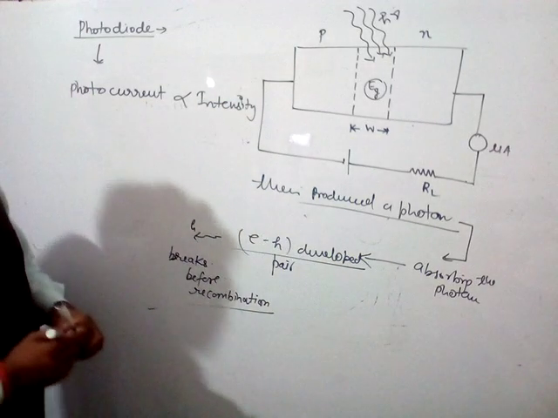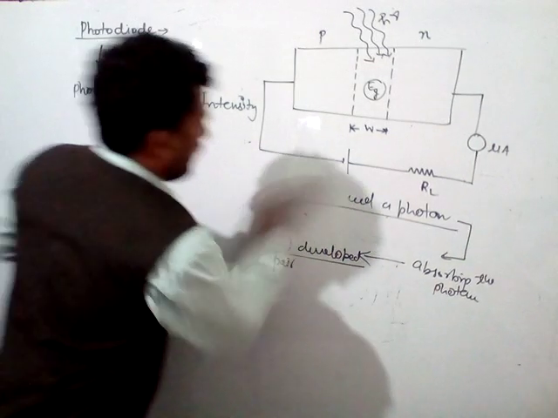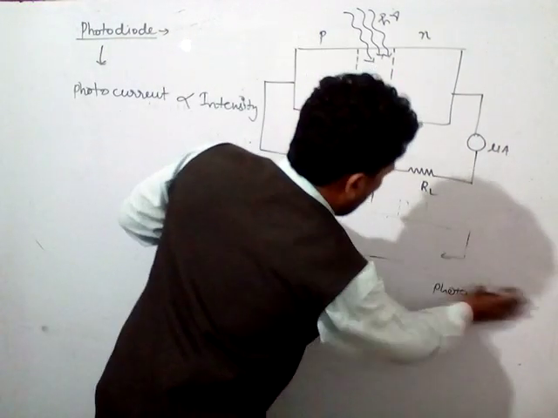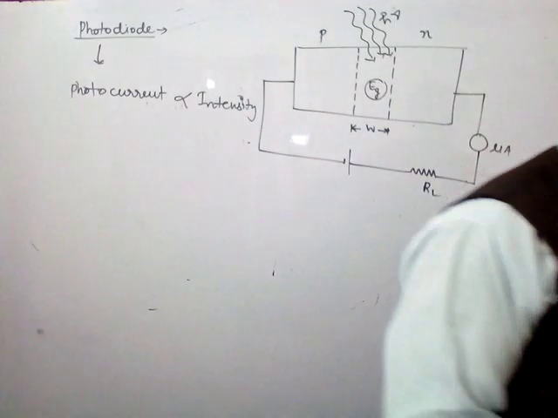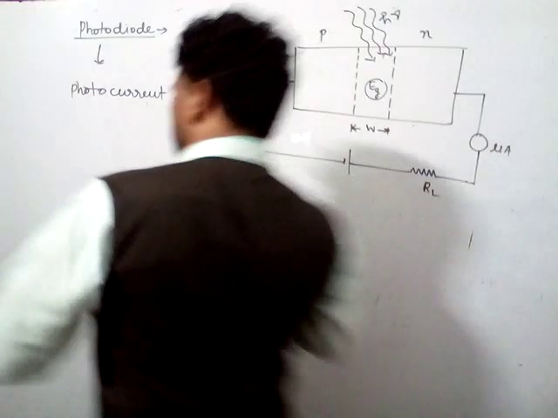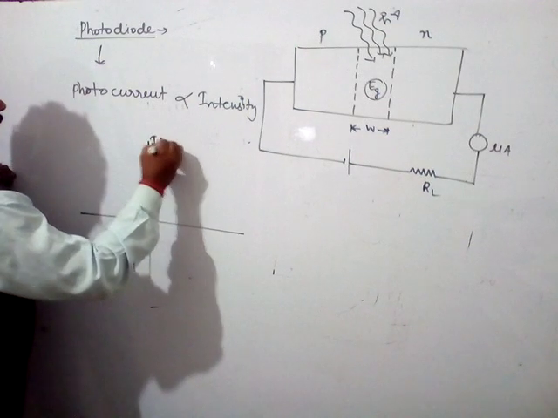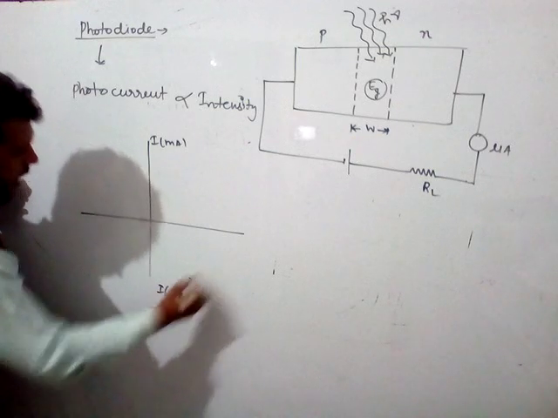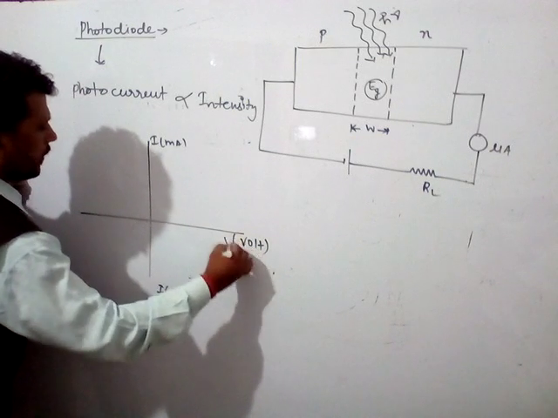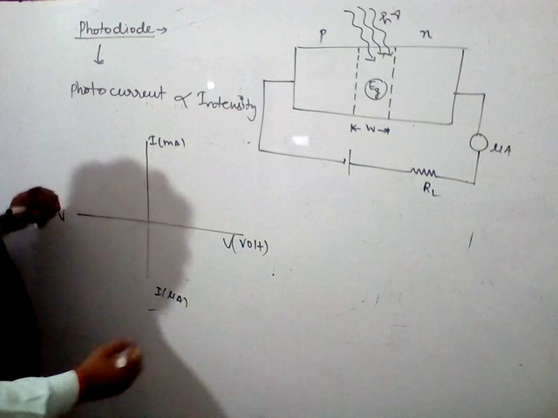So in this way we can say that the graph we obtain for the photocurrent will be in the form of like this. This is milliampere and this is microampere, and this is volt, the positive direction, and this is the negative direction. So it will flow like this.